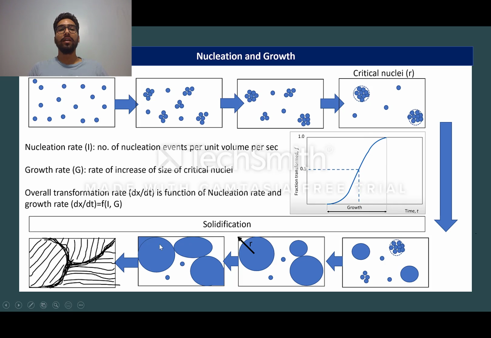But at the end there is less liquid and a smaller number of nucleations occur. That's why it resulted in a lesser overall transformation rate. Also, the second reason for the lesser transformation rate is that the area available for the critical nuclei to grow is restricted by the boundaries. So that also resulted in lesser overall transformation rates.